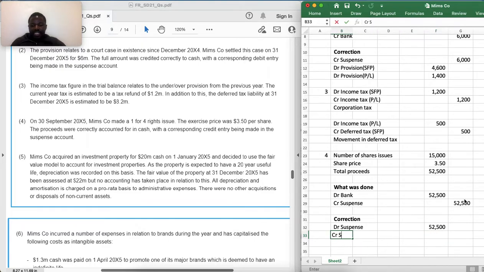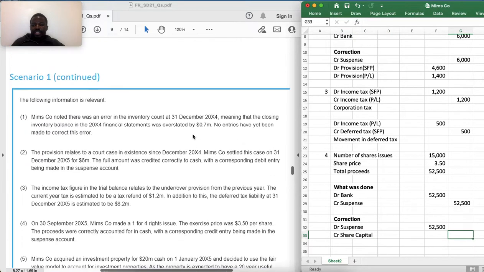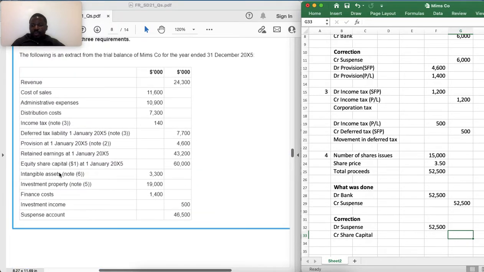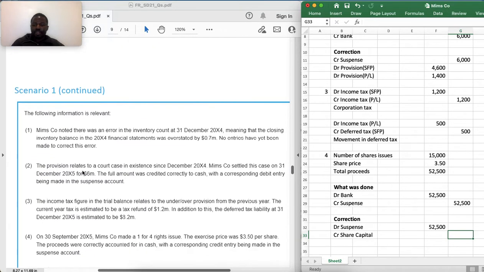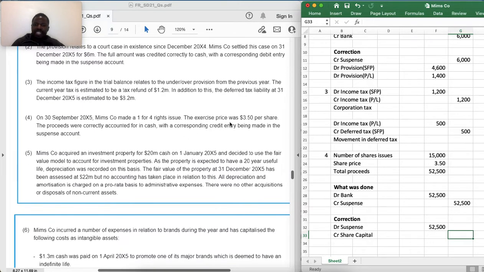Then we need to credit the share capital because shares were issued. The share capital will be credited by how much? Let's go back to our trial balance. We are told here the share capital is $1 nominal. So if it's $1 nominal, and the share price was $3.50, the number of shares that were issued is 15 multiplied by $1, we get 15. We will also credit the share premium.